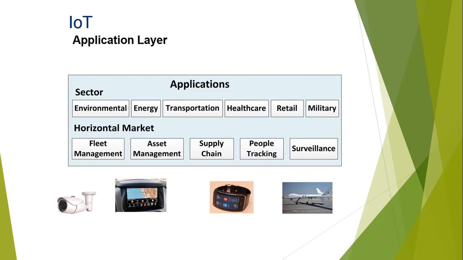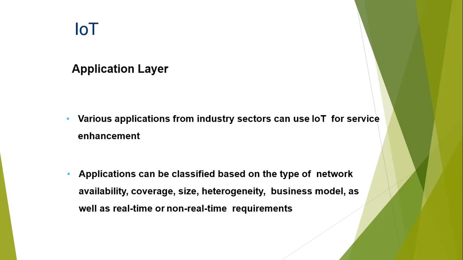Well, environment, energy, transportation, healthcare, retail and military, and home automation. These are the major application domains for the application layer. In the application layer, various applications from industry sectors can use IoT for service enhancement.